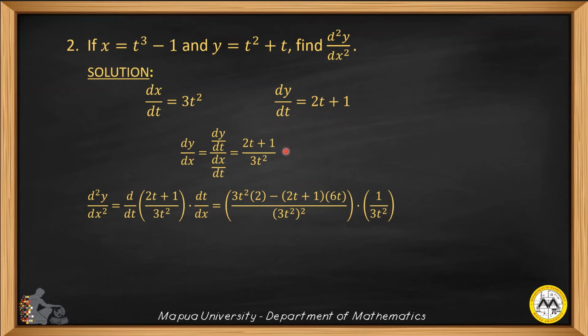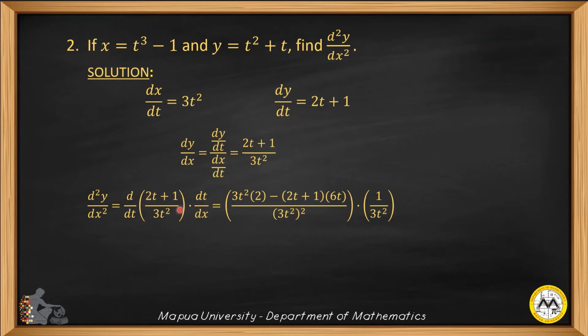Having determined the first derivative of y with respect to x, we are now ready to obtain the second derivative of y with respect to x. And that is, we differentiate the first derivative of y with respect to x with respect to t, and then multiply this with dt/dx.